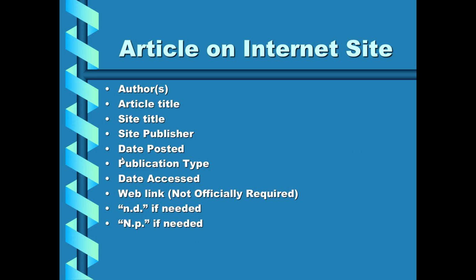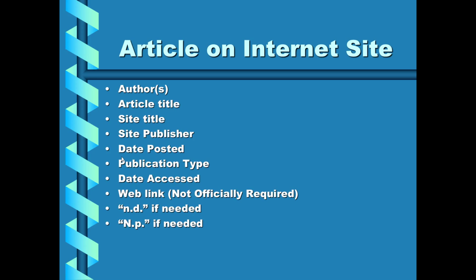So here's the format that you would use when you're dealing with an article from an internet site, or again, something that you got through like Google, Bing, Yahoo, what have you, or a meta search engine like Dogpile. We'll talk about those later. I'm going to give you a very quick rundown of all the information that you need to include.